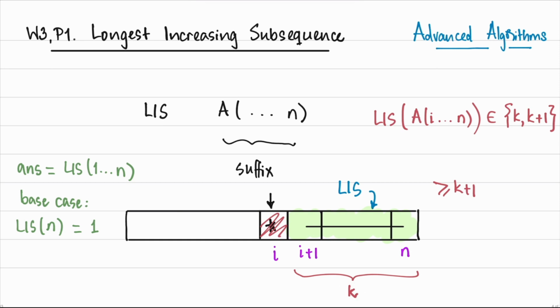Okay, so certainly the length of any longest increasing subsequence of the entire array starting from i to n cannot be more than k plus 1. It also cannot be less than k, because we know that there is an increasing subsequence of length k in the array that starts at i plus 1, and that's a perfectly valid increasing subsequence even in the extended array, right?